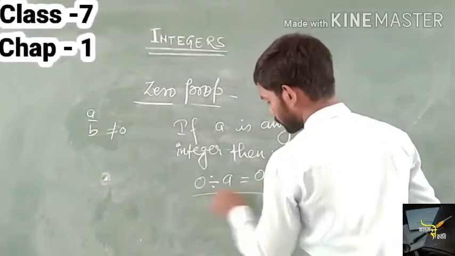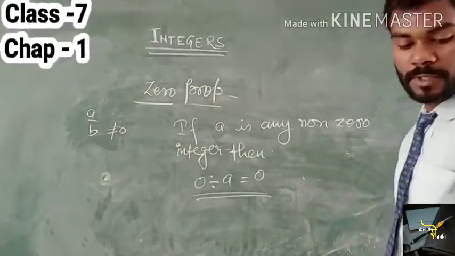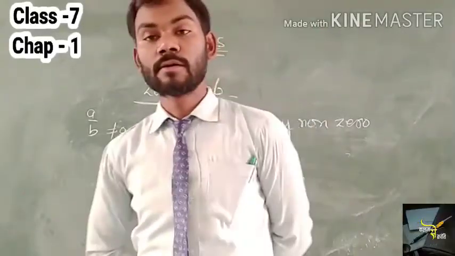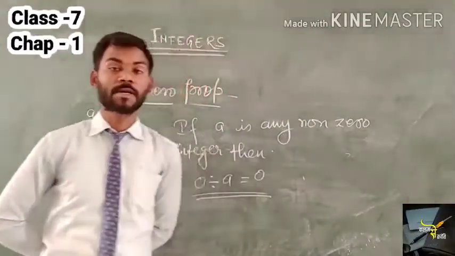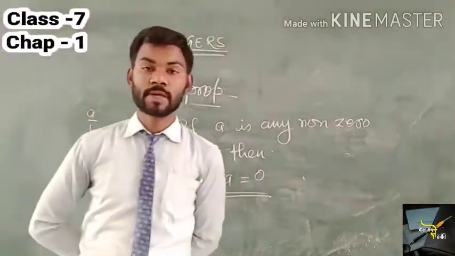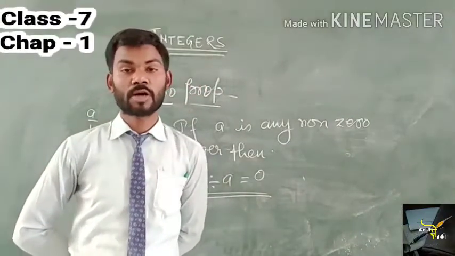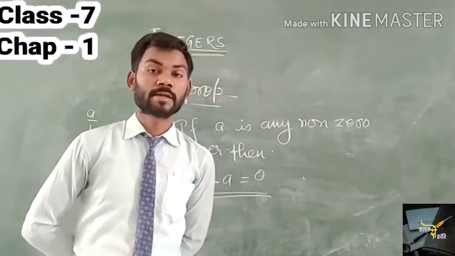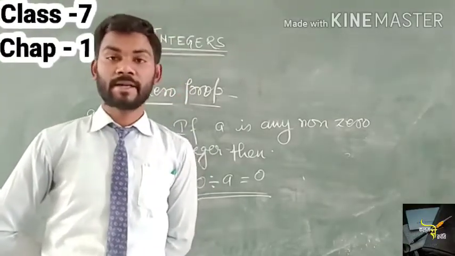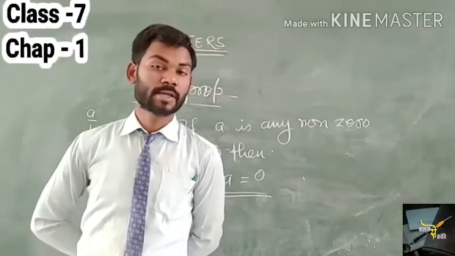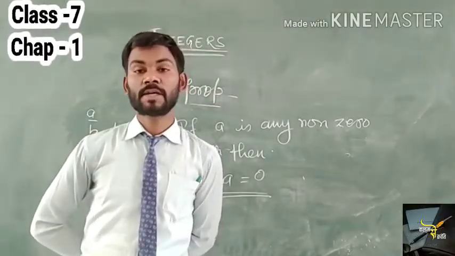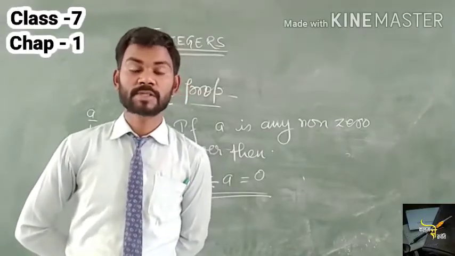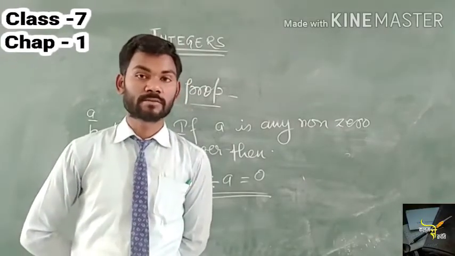Okay, so the zero property is when 0 is divided by a non-zero integer, we always get the quotient as 0. Here, the positive sign and negative sign do not matter in any case. If we divide 0 by any positive or negative integer, we always get the result as 0.